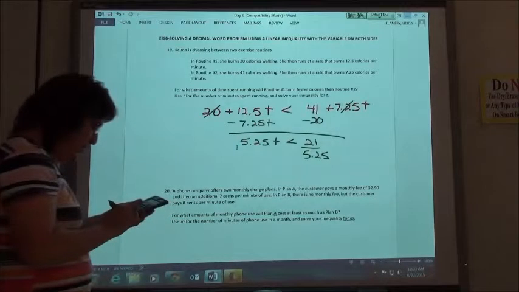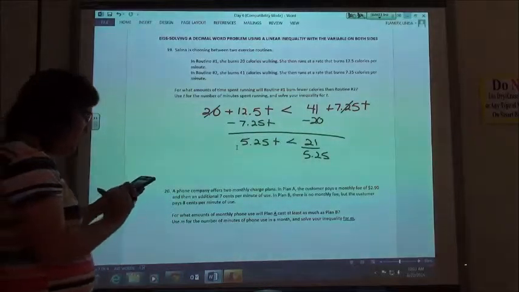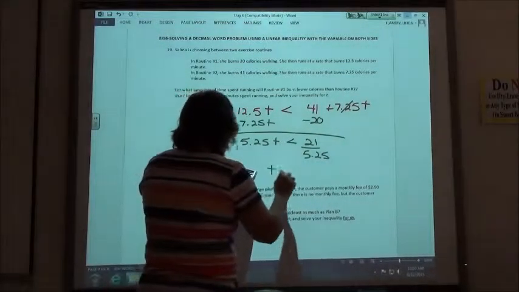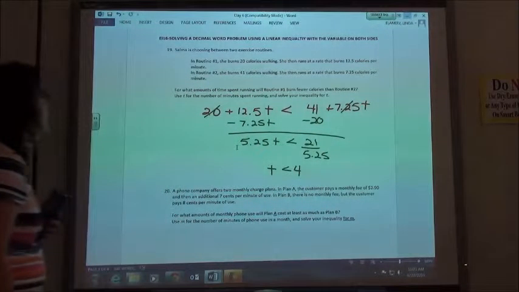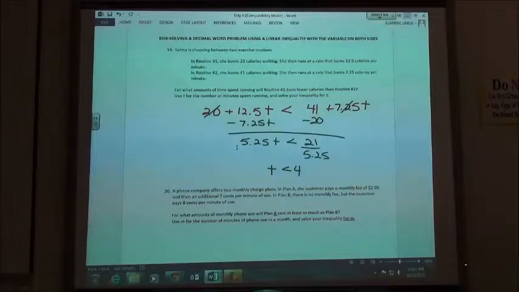So 21 divided by 5.25 gives me T is less than 4. So if I was going to run less than 4 minutes, then routine 1 would burn fewer calories than 2. If I'm going to run longer than 4 minutes, I might as well do routine 2 then.